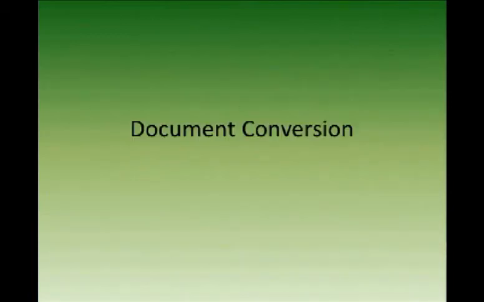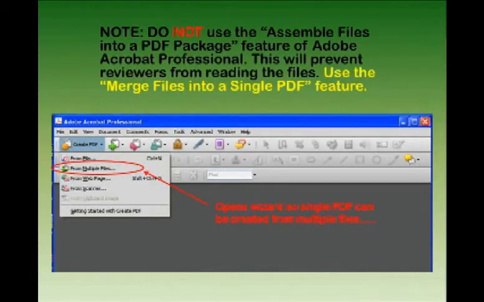Document conversion, and not only is the version of Adobe important, but when you combine multiple PDFs into one document, such as what has to be done with individual conflicts of interest forms. Those are all combined into one document and attached into the package. Letters of collaboration are combined into one document and attached to the package.